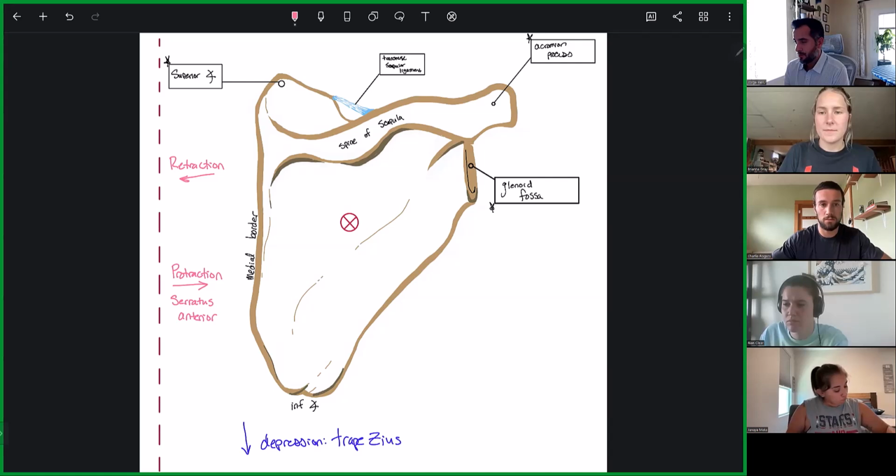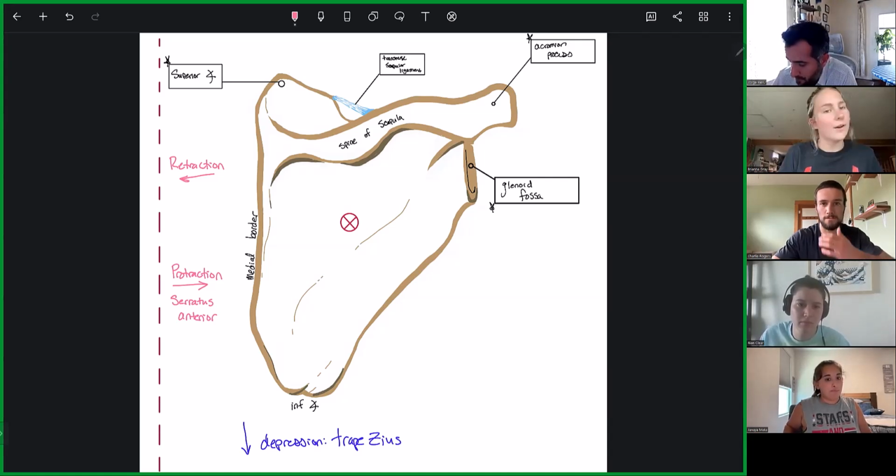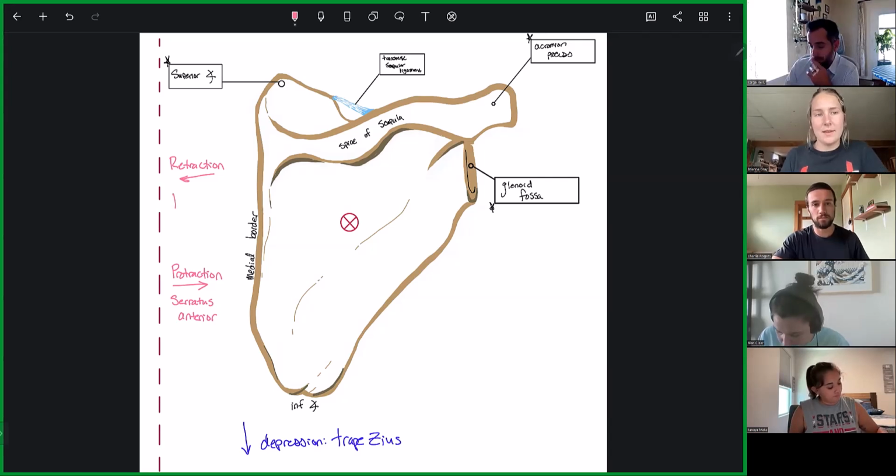Okay. Retraction. Brianna, tell me what muscle is going to help you pinch and move your shoulder blades backwards. That would be the serratus posterior. Those ones actually don't attach to the scapula, so they can't. Charlie, you want to help her out? Yeah, the rhomboids. Perfect.